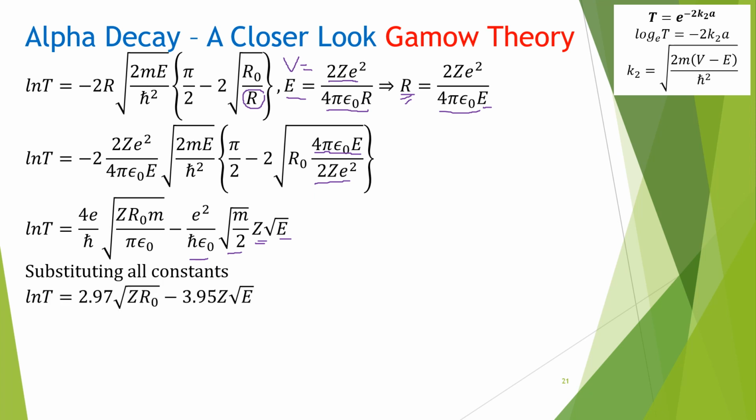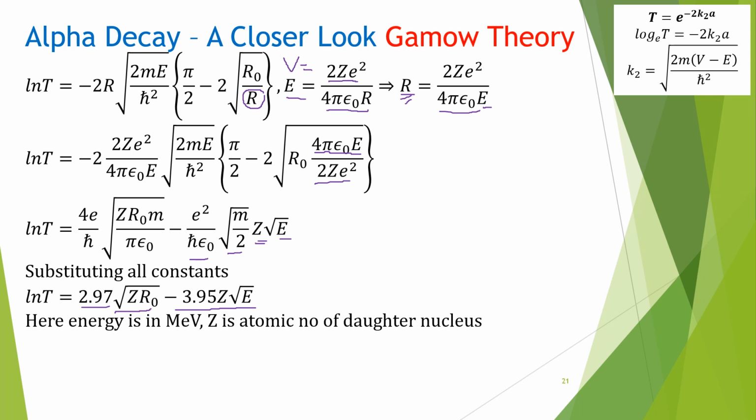Substituting all constants, we can obtain ln t is equal to 2.97 into under root of Z R0 minus 3.95 Z under root E. Now all energies can be substituted in mega electron volts, Z being the atomic number of the daughter nucleus.